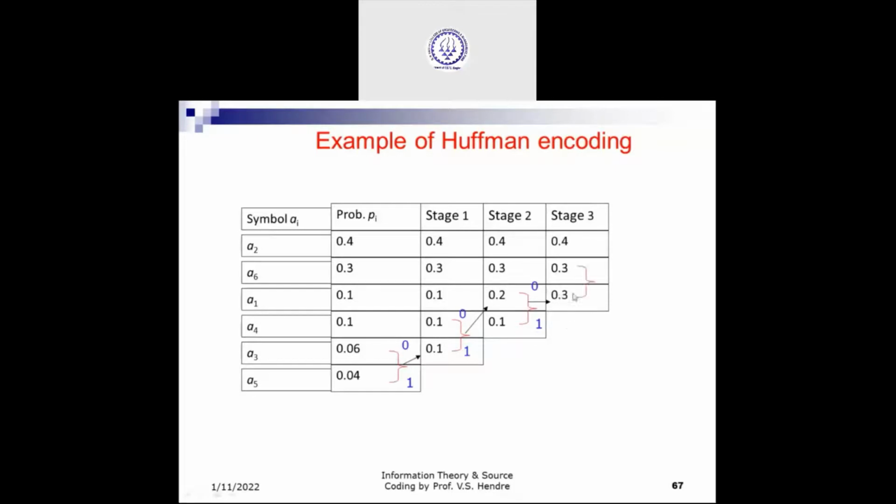Same process I will repeat for the last two elements, 0.3 and 0.3. Binary 0 is assigned to the upper part, binary 1 is assigned to the lower part. This sum will be carried forward into the next column. So 0.6 and this 0.4 will come down. The last two elements are also combined. 0 is assigned to the upper part, 1 is assigned to the lower part, and their sum 1 will be carried forward into the next column, which is the last column that I have not considered here for the analysis.